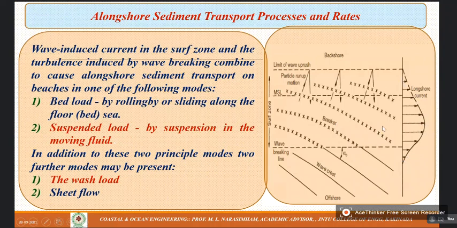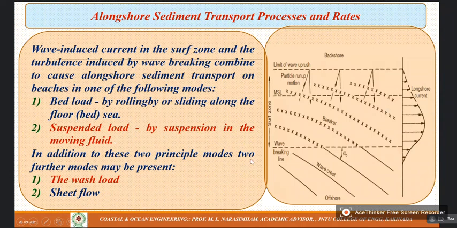That means the maximum current velocity is parallel to the shore. This is the shore. So a fluid with a maximum velocity will be traveling in this region.